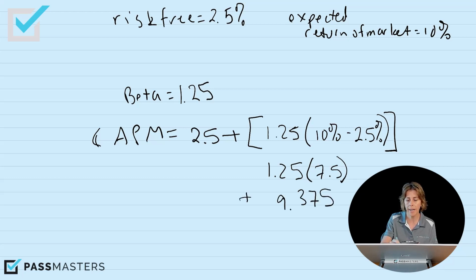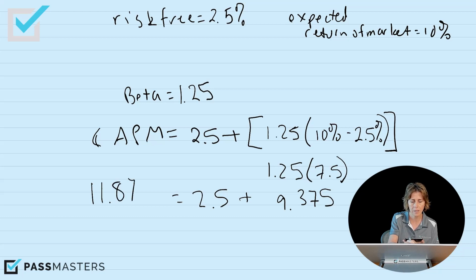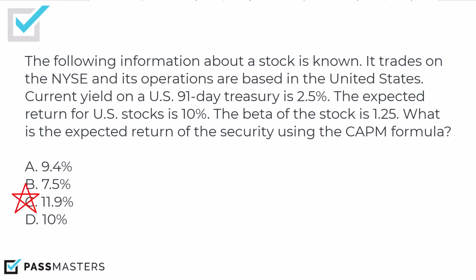So we're going to add to that the risk-free return, 2.5. The expected return is 11.875. So let's look at what our choices are. 11.9, so they just rounded it to the nearest tenth. You have to know how to do that.